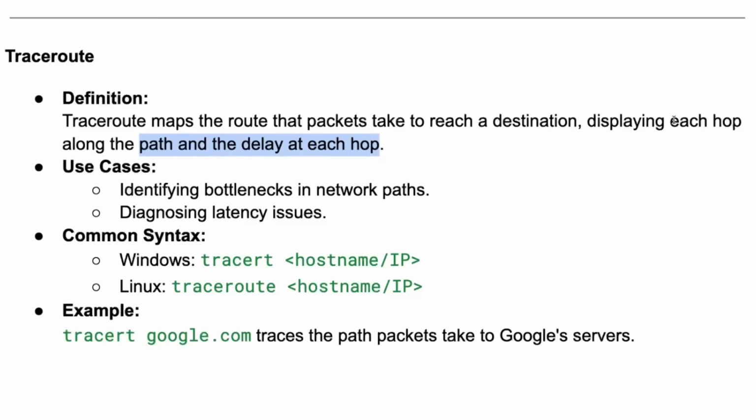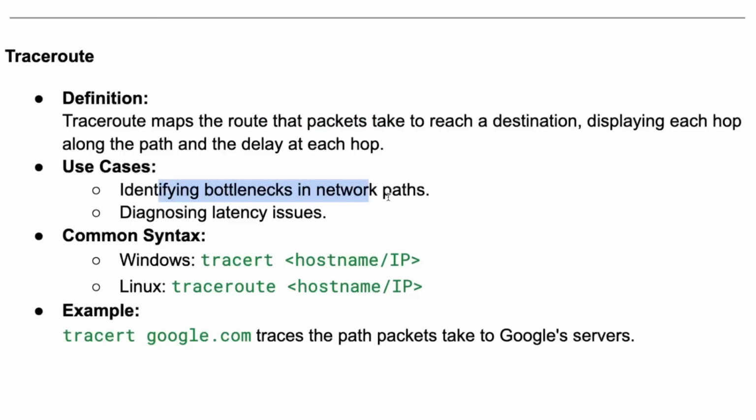So you actually want to see each hop along the path as well as the delay in that, and that's where the bottlenecks can actually come in. And then, of course, diagnosing latency, which again has to do with the speed of the delivery of these packets, which then also connects to the delay. So this helps you map the route that it actually takes, including the router that your internet service provider is providing.